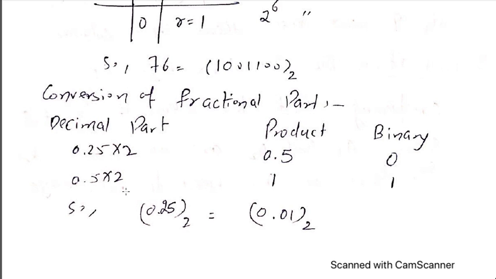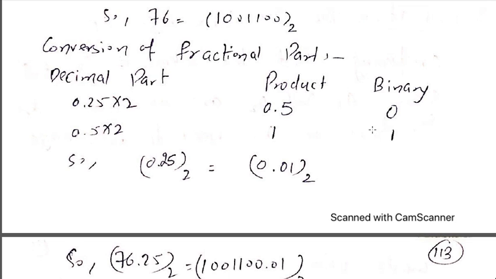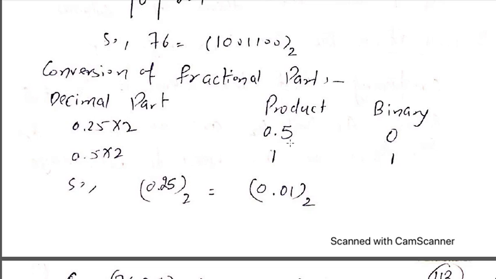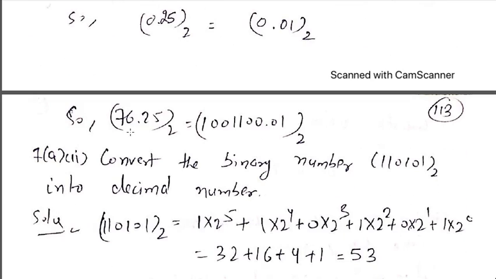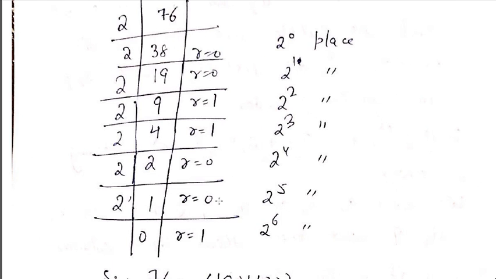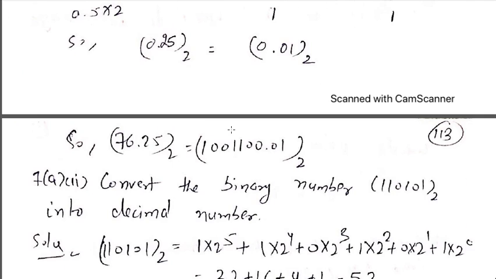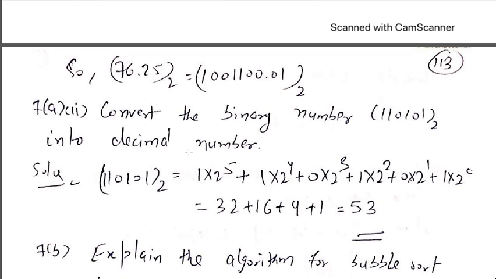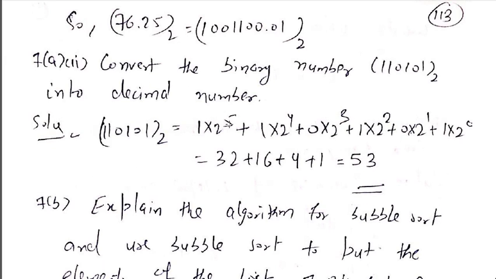Here this process completes, and with the help of this process, the conversion of the fractional part into binary is 0.01. Combining the conversion of both integral and fraction parts, the conversion of the decimal number 76.25 into binary form is 1001100.01.